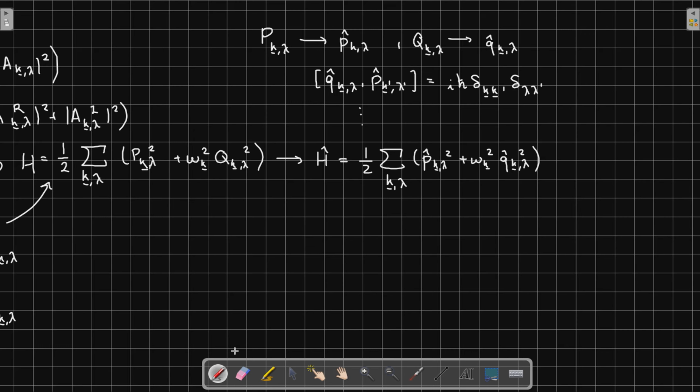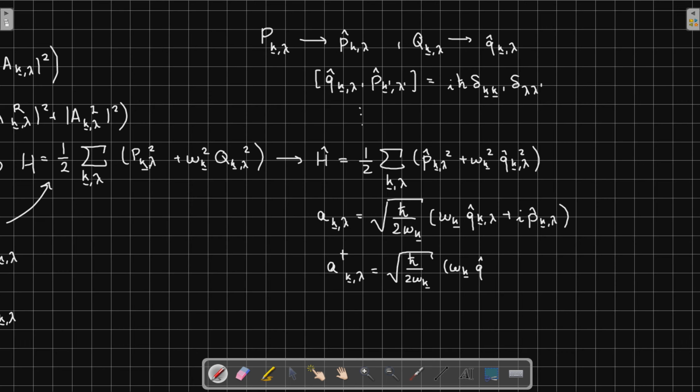I can introduce the ladder operator a_kλ equal to square root of ħ over 2ω_k times (ω_k q_kλ + i p_kλ), and I can define its Hermitian conjugate as well in a very analogous way: square root of ħ over 2ω_k times (ω_k q_kλ − i p_kλ). So these are ladder operators.